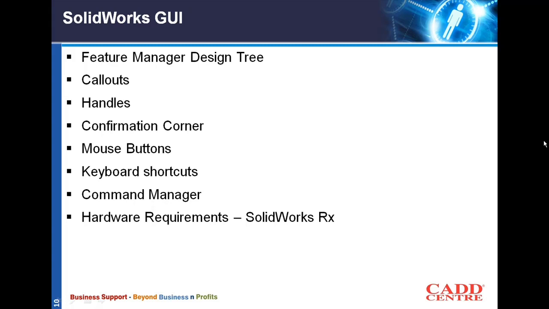To start with, I would like to show you the feature manager tree, which will have the history of the whole model, callouts and handles, which make our job easier, the confirmation corner to complete any task, mouse buttons reducing the mouse travel, different keyboard shortcuts reducing the time taken to create the product, and a centralized command manager where all the commands can be retrieved.